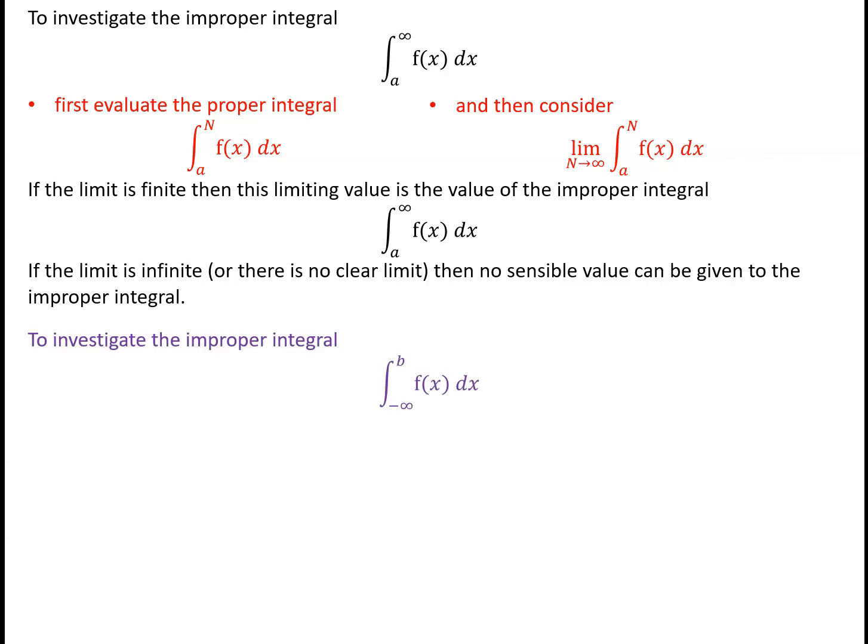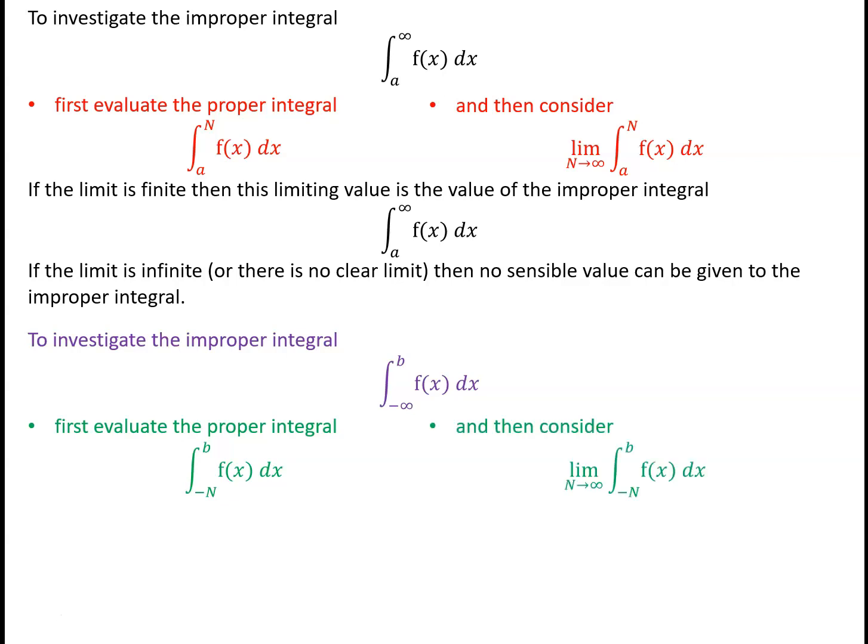If we have to investigate the improper integral between minus infinity and b of f of x dx, then we do a similar sort of thing. We first of all evaluate the proper integral between minus n and b of f of x, and then we consider what happens if we let n tend to infinity in that integral.